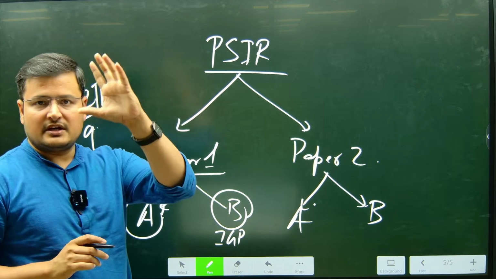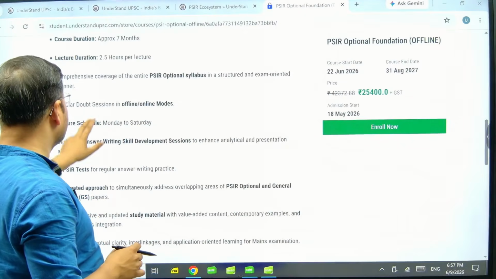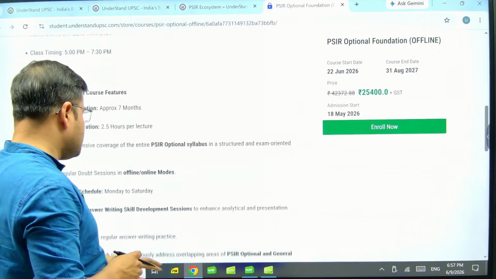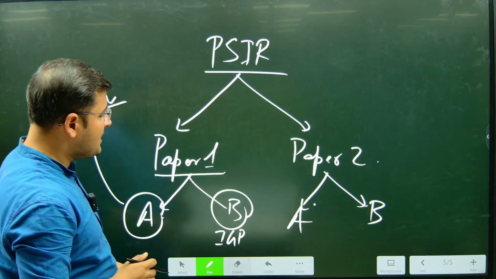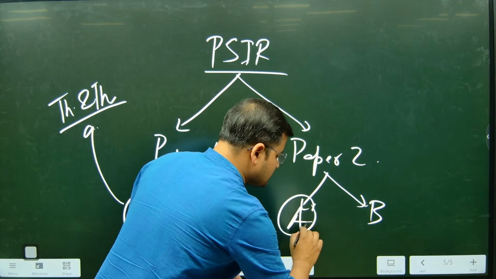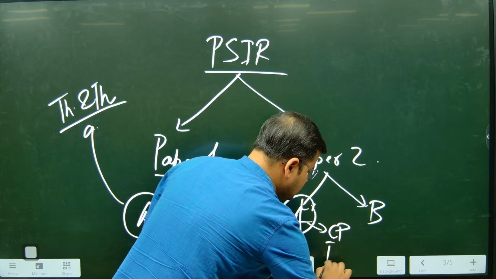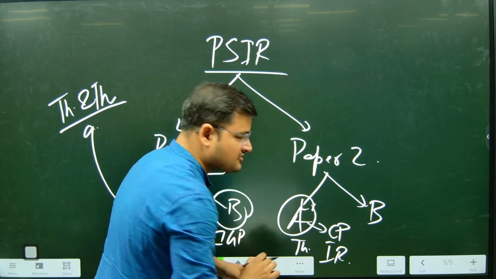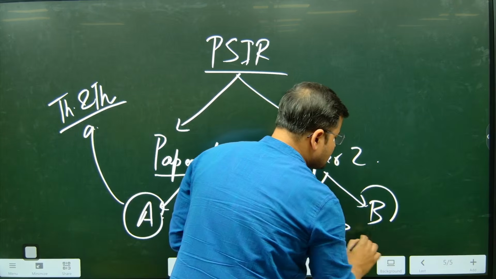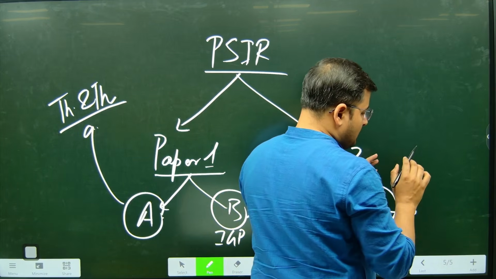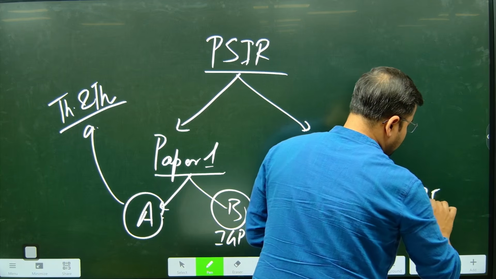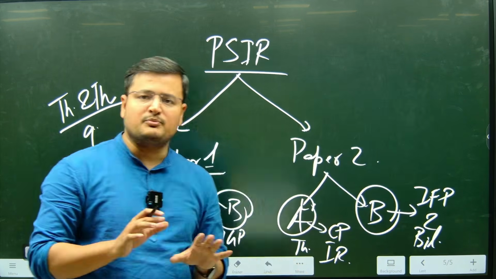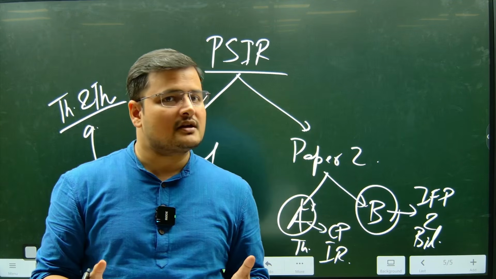If you have not yet seen the syllabus, we have uploaded it on the course page itself, and you can download and see it. Similarly, paper 2 section A consists of comparative politics and international relations, basically the theory of international relations. And paper 2 section B primarily talks about Indian foreign policy and India's bilateral relations. So this is the broad structure of the PSIR syllabus.